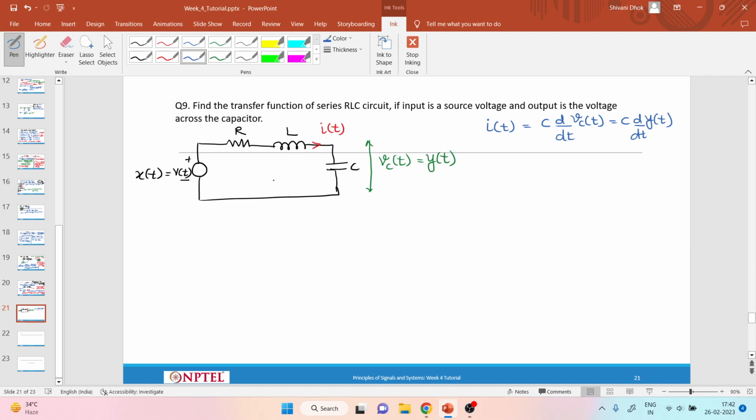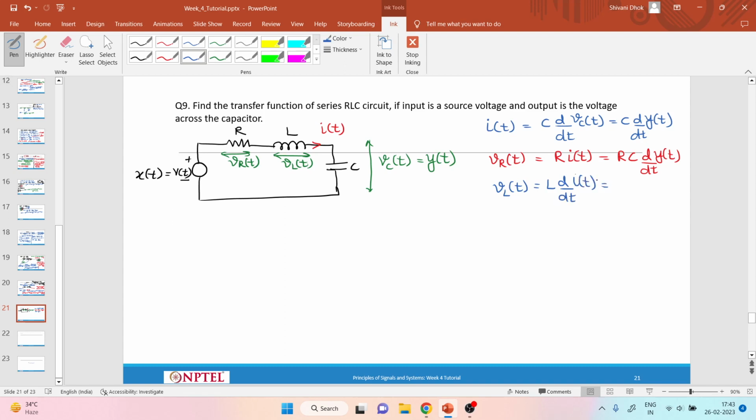Now let's say the voltage across this inductor is VL of t, and the voltage across this resistor is VR of t. So in that case, my VR of t is simply R into I of t from Ohm's law. So this comes out to be RC d/dt of y of t, and the voltage across the inductor, VL of t, is simply L d/dt of I of t.